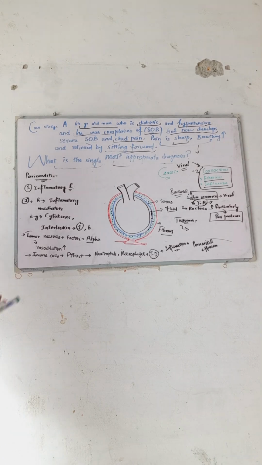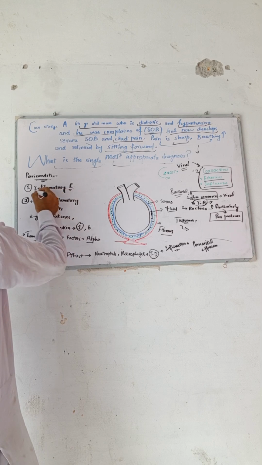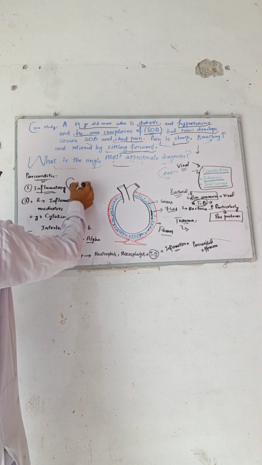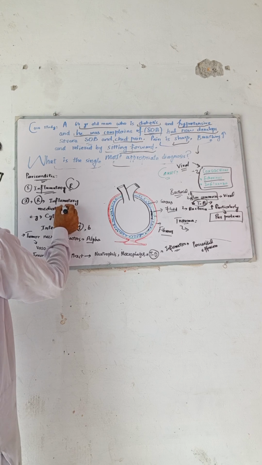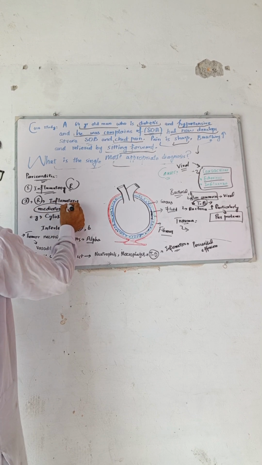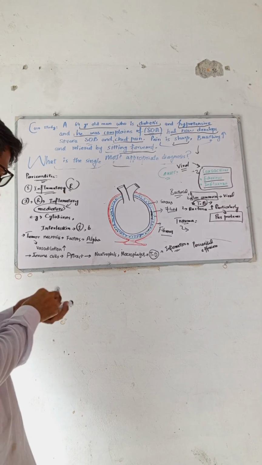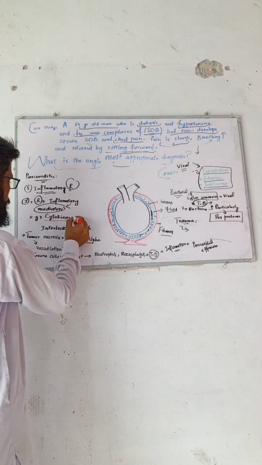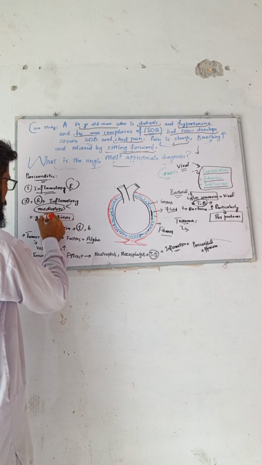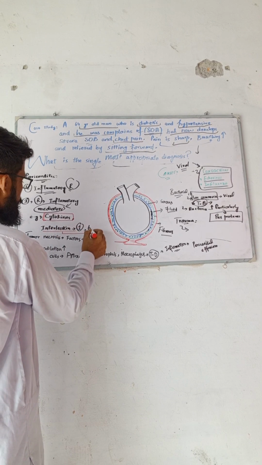Let's come to the pathophysiology of pericarditis. First of all, there is an inflammatory response, and inflammatory mediators are released, like cytokines, interleukin 1 and interleukin 6.